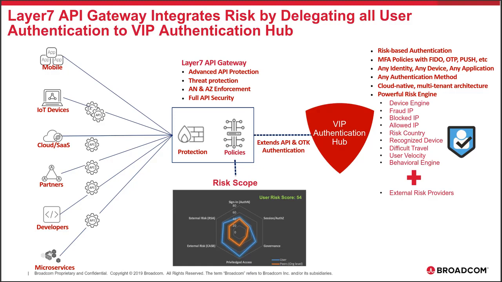So no matter where the gateway sits, whether it's protecting mobile flows, custom code, or microservices, the policies that are built to secure those interactions can be made to incorporate the risk scope, so that you can now begin to define policies based on your notion of the risk.